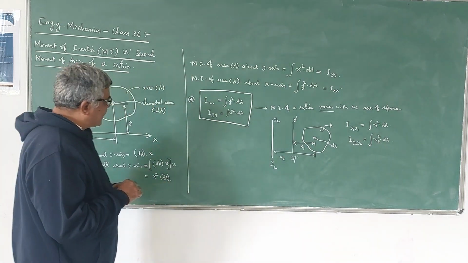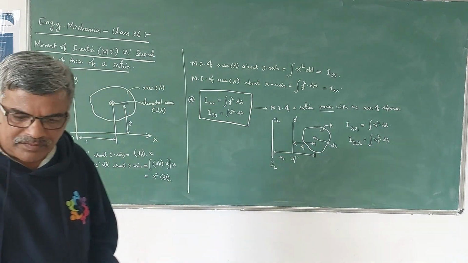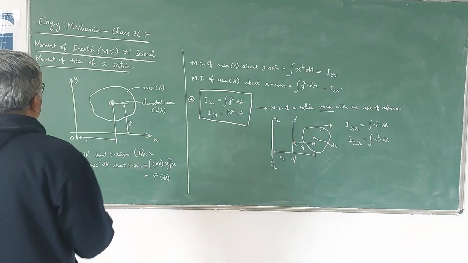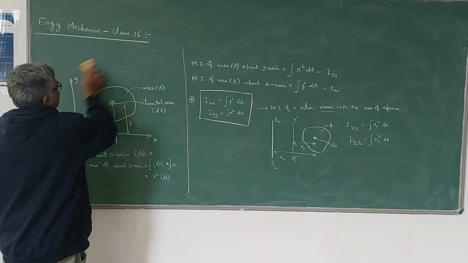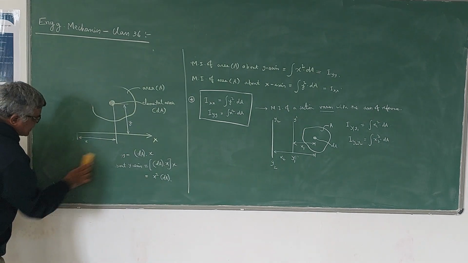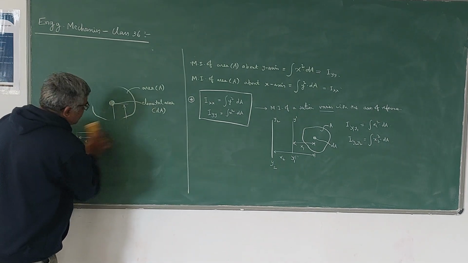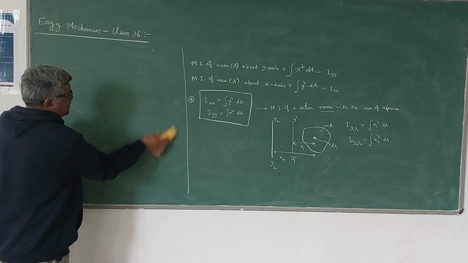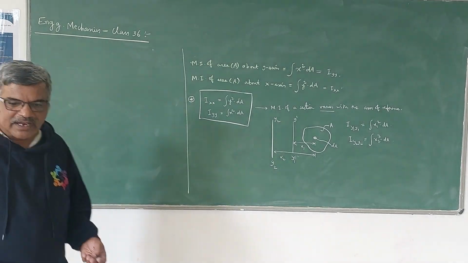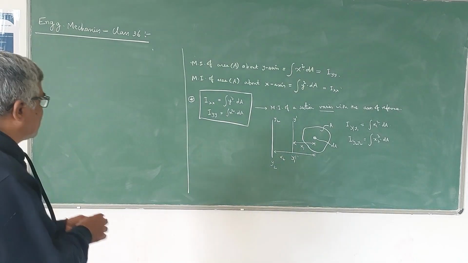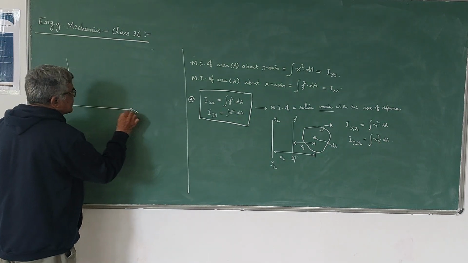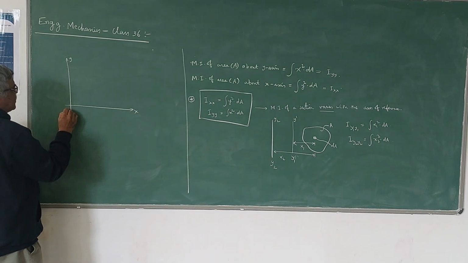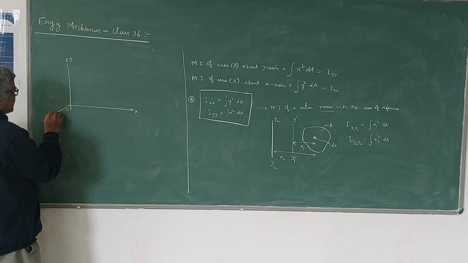Now, I take an axis which is perpendicular to both the x and y axes, which means it is the z axis. So this is the x axis, this is the y axis, and this is the origin. I will take another axis, the z axis.